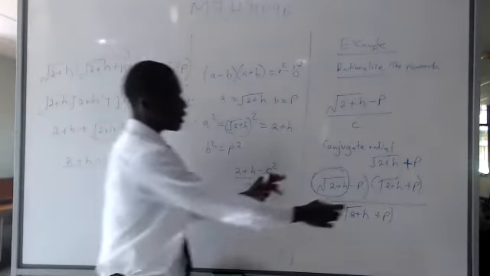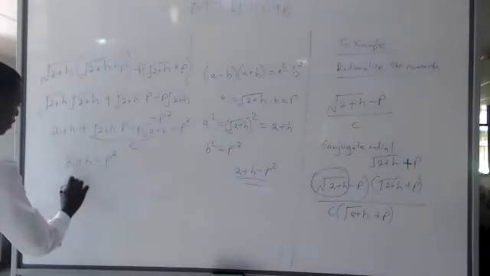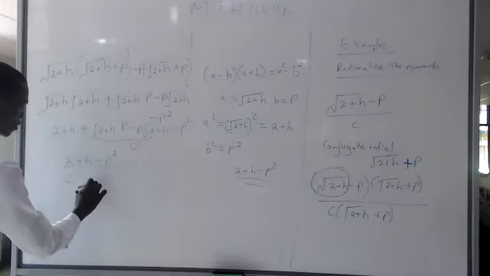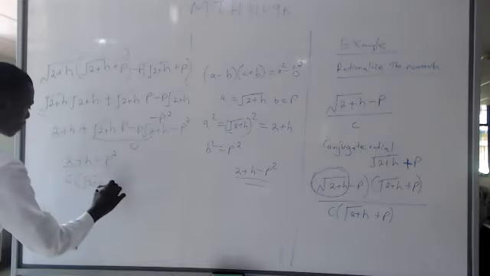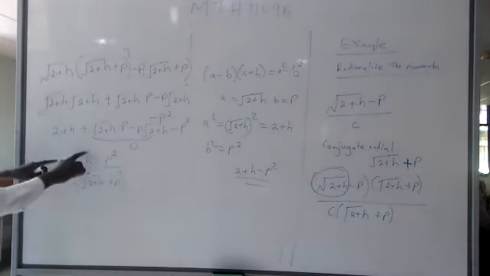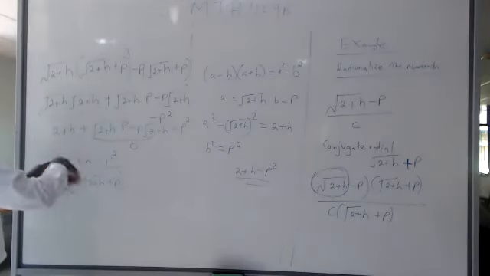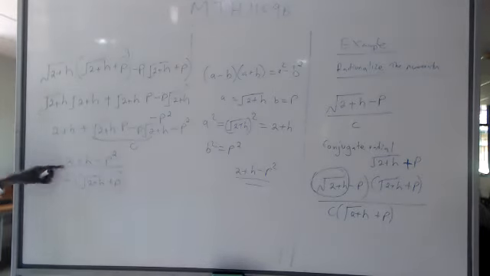That was the numerator, and the denominator remains the way it is: square root of 2 plus h plus p. Our goal was to make sure the numerator has no radical symbol, so that the numerator is rational. We have achieved that.